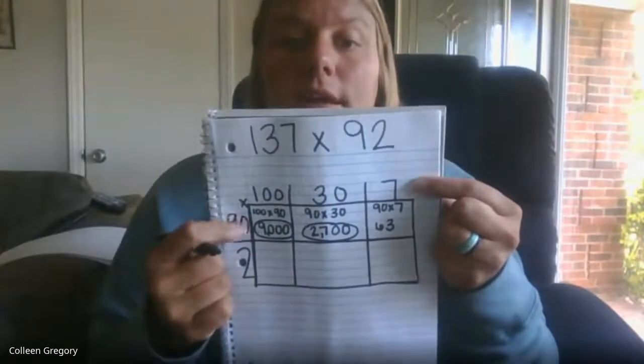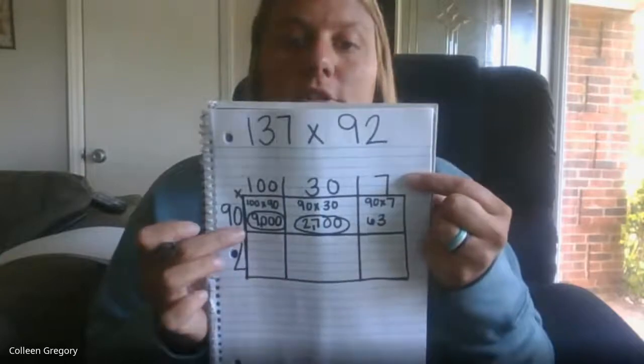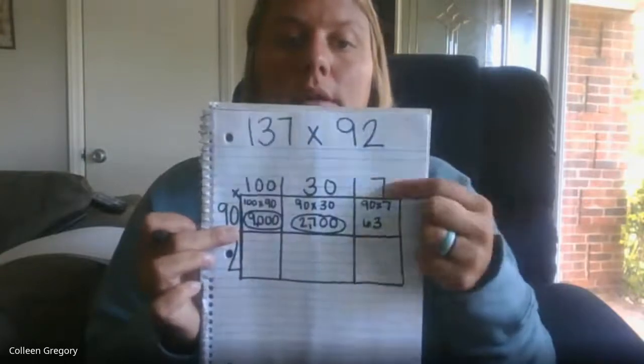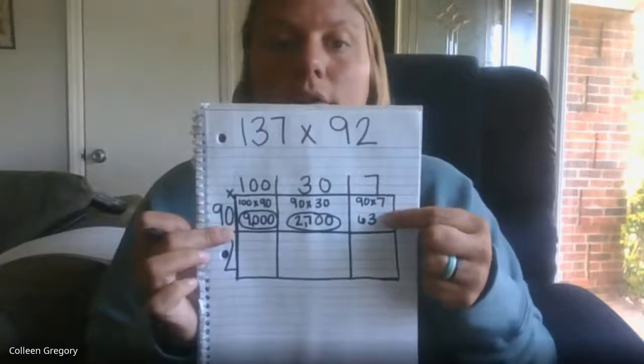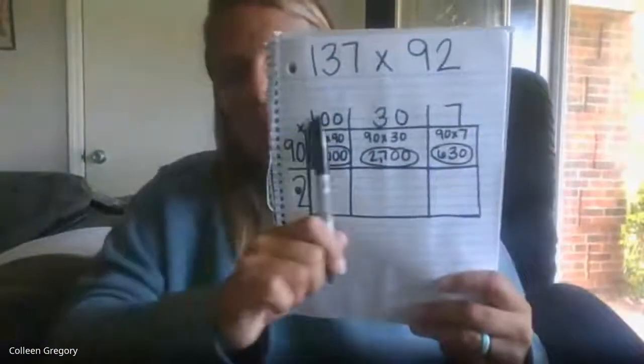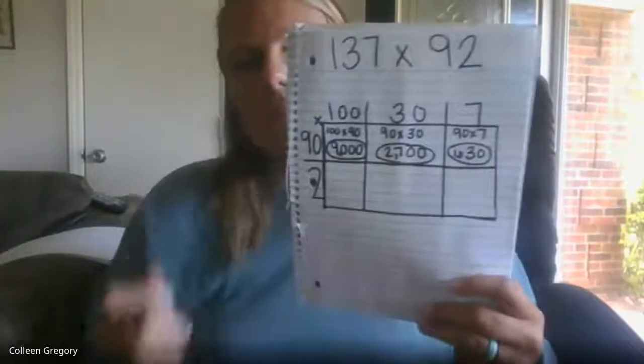This 0 right here is holding the ones place. So I'm going to count. Is there a 0 here? Yes, that's 1 zero. Is there one over here? No. So I'm only going to place 1 zero over here to hold the ones place. So 90 times 7 is 630. Okay, so I've completed this whole entire row. I've multiplied 90 times all of these numbers.